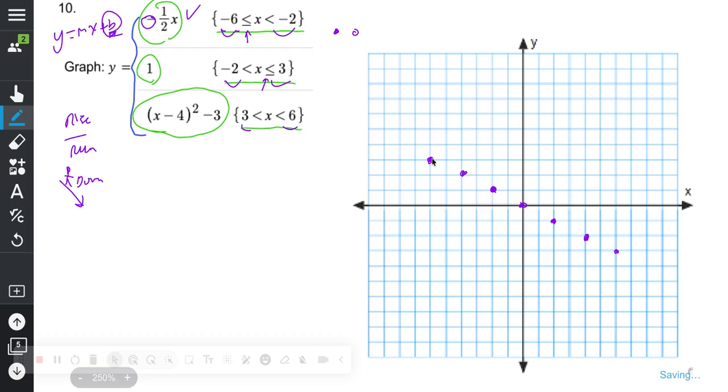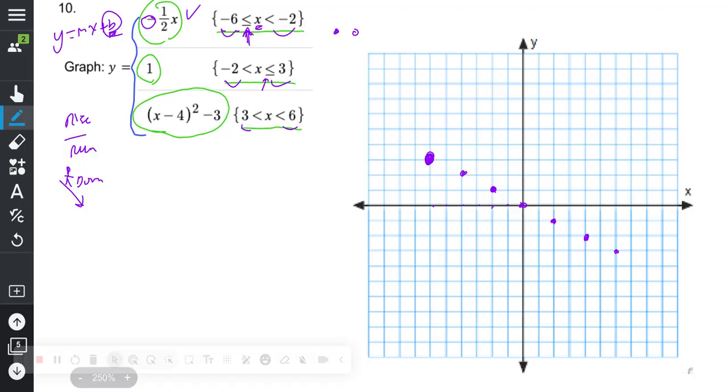But here, the domain, the only eligible part of this function for this graph is whatever is between negative 6 and negative 2. So 1, 2, 3, 4, 5, 6. Oh, right there. So I'm allowed to have this. And because it says less than or equal to, or greater than or equal to, the x is in between, I'm going to keep that as a closed circle.